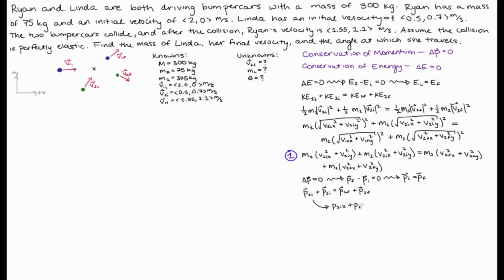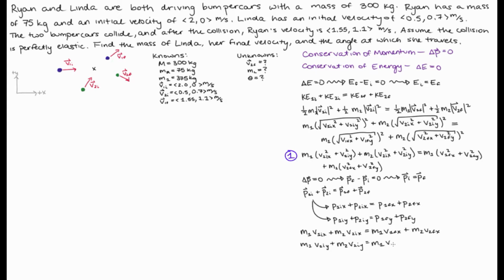Writing our momenta non-relativistically as m times v gives us the following two equations. m1 v1 initial x plus m2 v2 initial x equals m1 v1 final x plus m2 v2 final x, and m1 v1 initial y plus m2 v2 initial y equals m1 v1 final y plus m2 v2 final y.